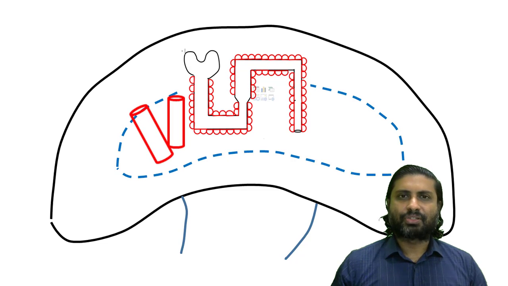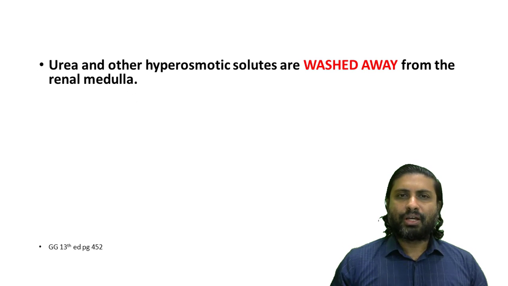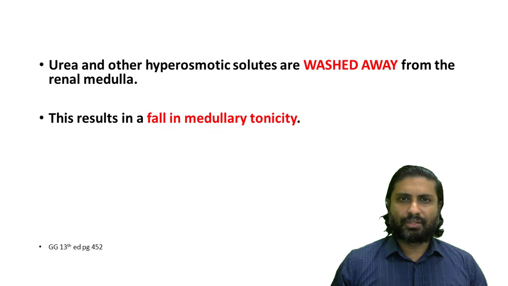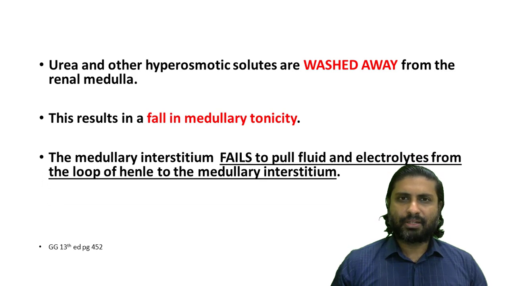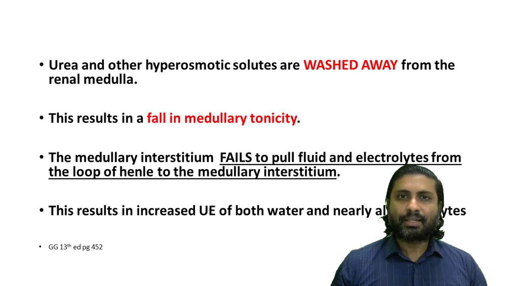And when this occurs, urea and other hyperosmotic solutes are washed away from the renal medulla. This results in a fall in medullary hypertonicity. The medullary interstitium now fails to pull water and electrolytes from the loop of Henle into the medullary interstitium, and the result is increased urinary excretion of water and almost all electrolytes.